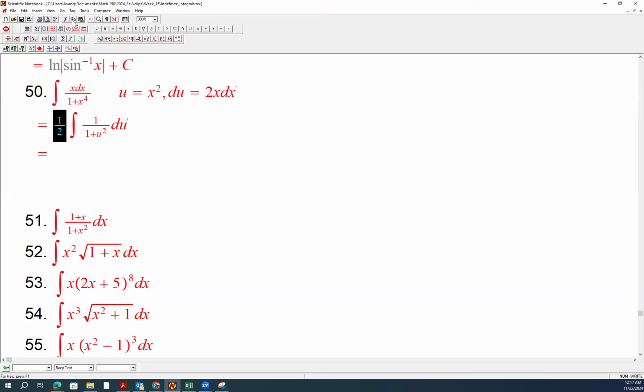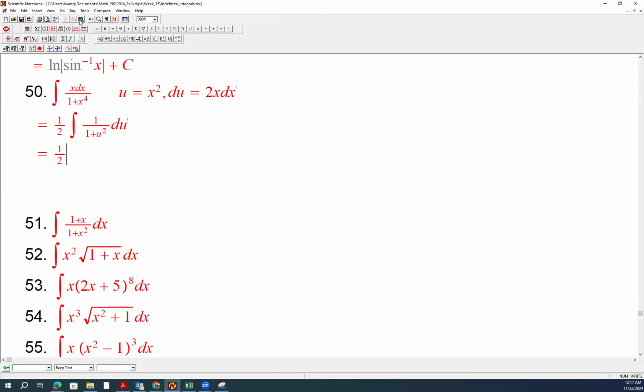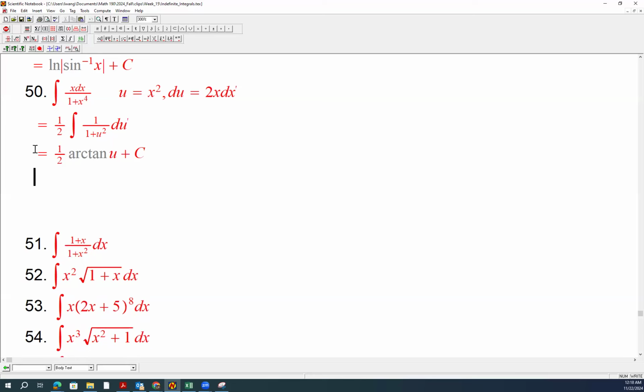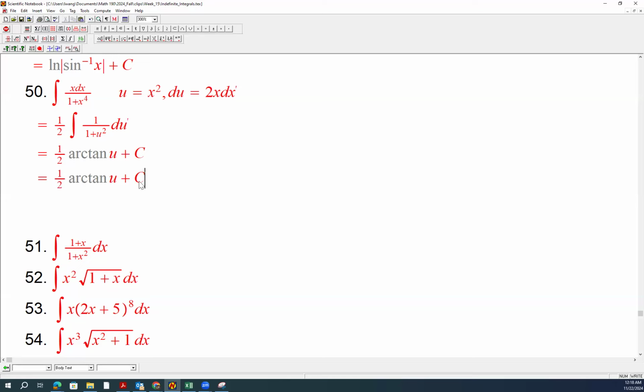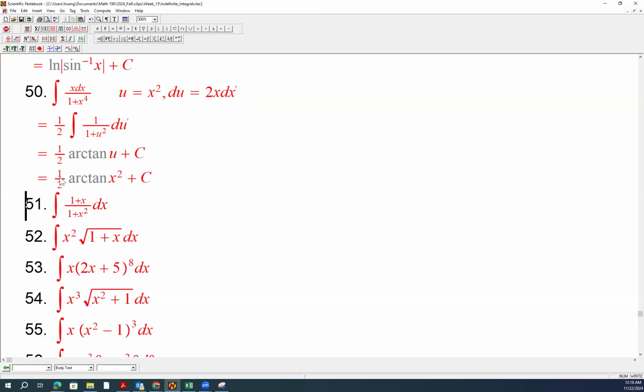So we got arctan u plus a constant. And last but not least, u will be replaced by x squared. No parentheses needed. All right.